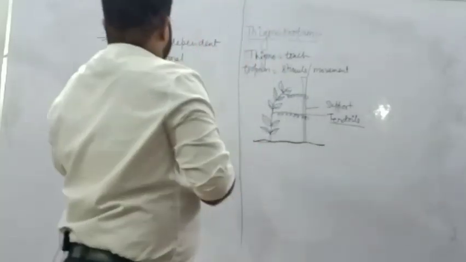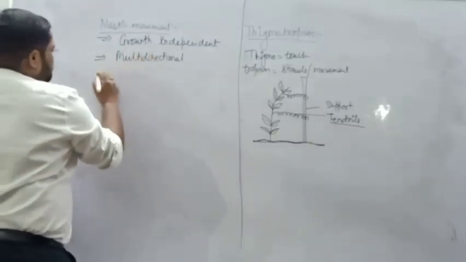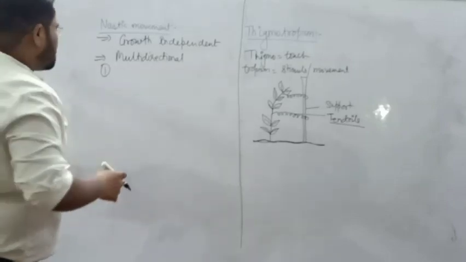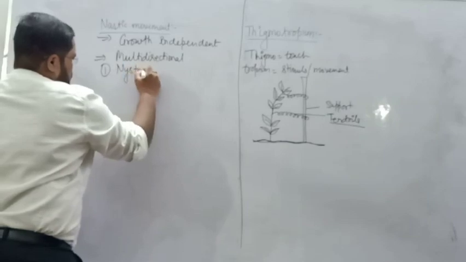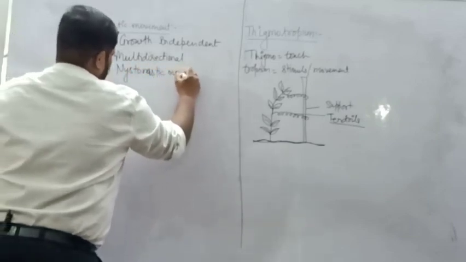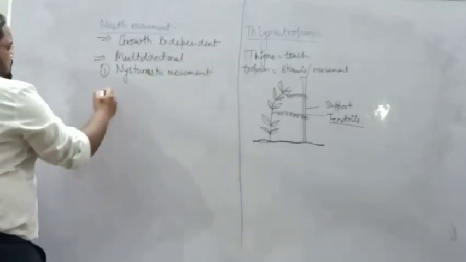Now come to the next one. Nastic movements are of two types. Number one, that we will write down, nastonastic movement.